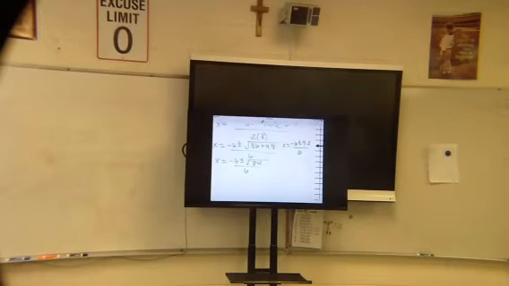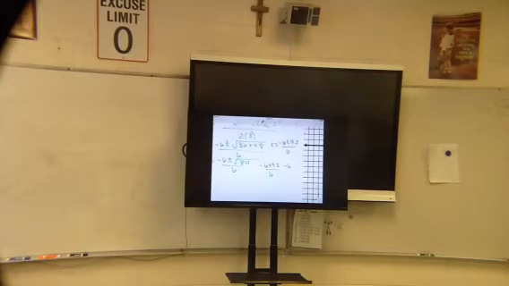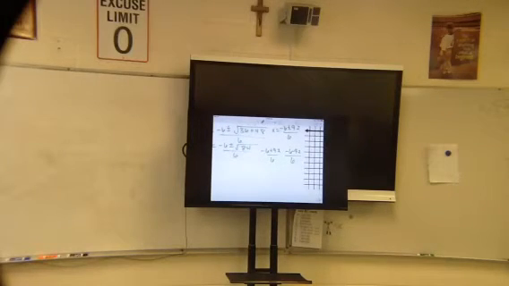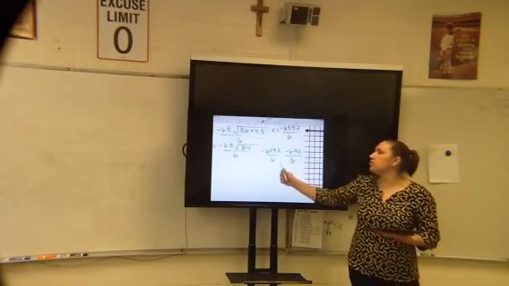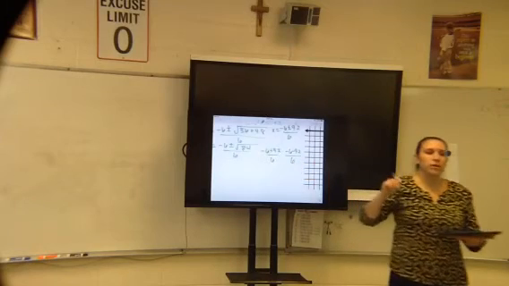Okay, just checking. So now we break it up into our two parts. We've got negative 6 plus 9.2 divided by 6, and negative 6 minus 9.2 divided by 6. So what is negative 6 plus 9.2, and then divide that by 6?